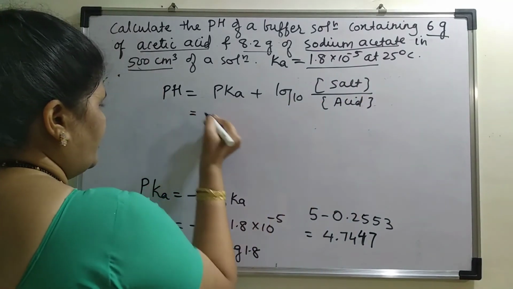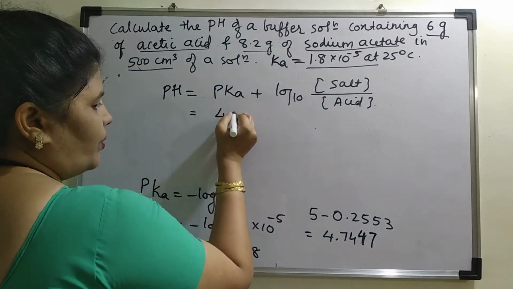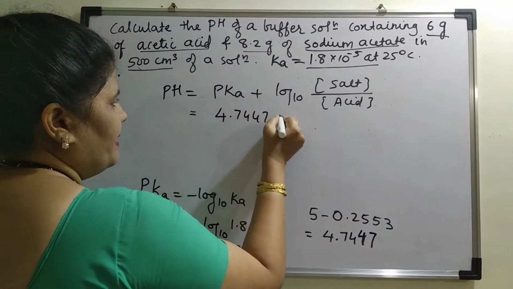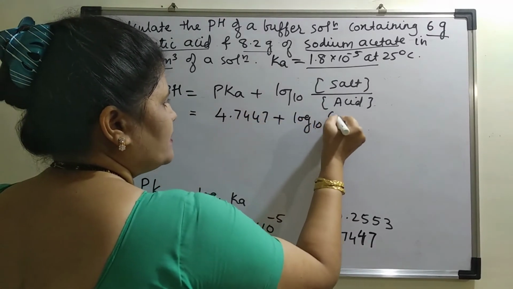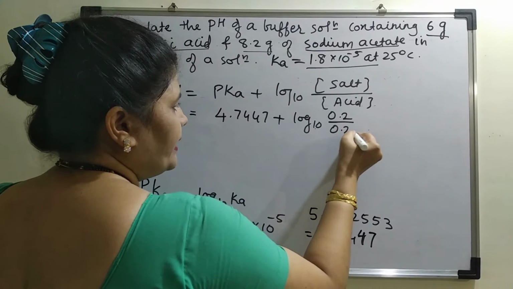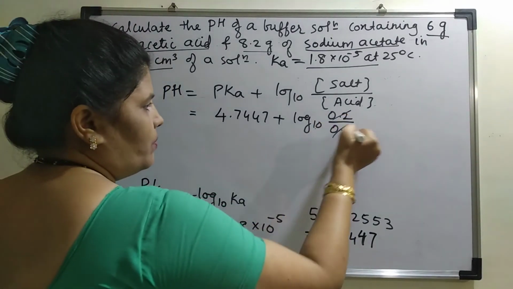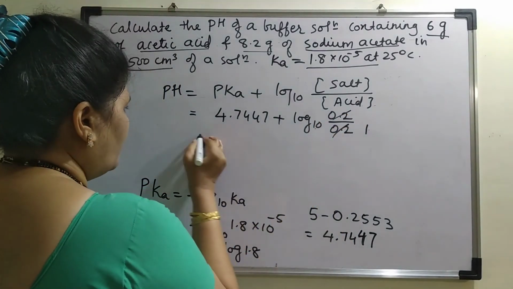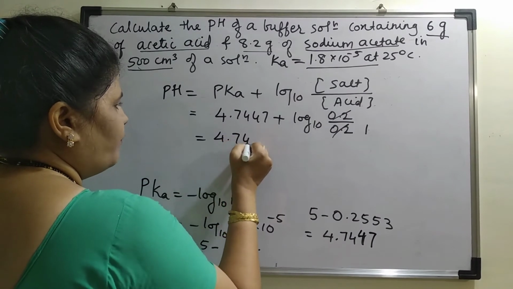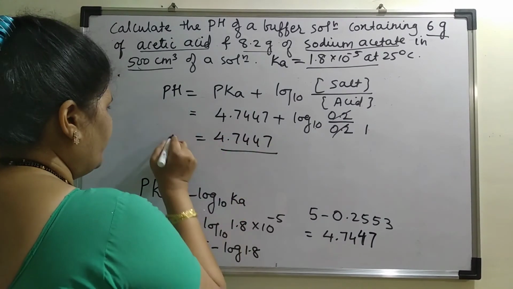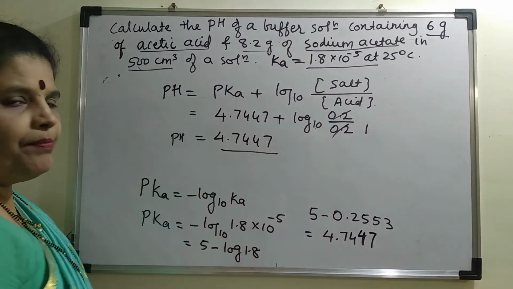So this will be equal to 4.7447 plus log to the base 10 of 0.2 upon 0.2. So this will give me 1. Log of 1 is 0. So that is 4.7447 plus 0, means the pH is the same as the pK value.